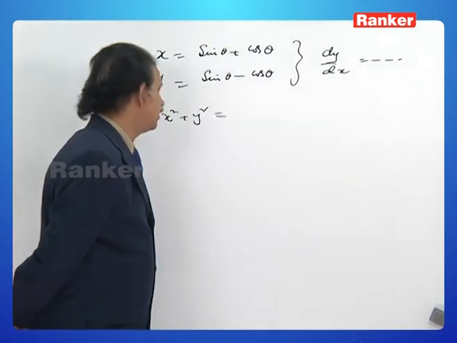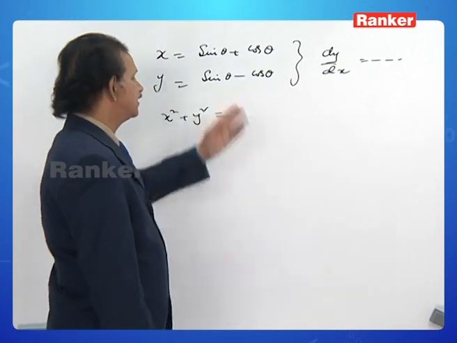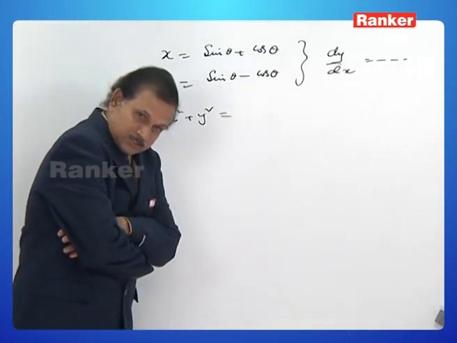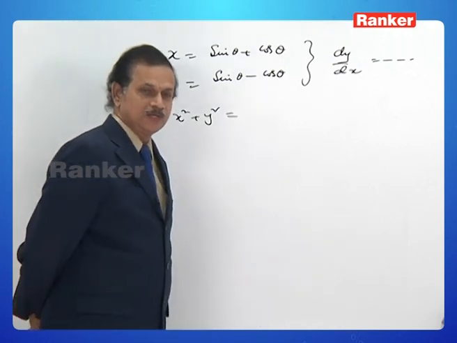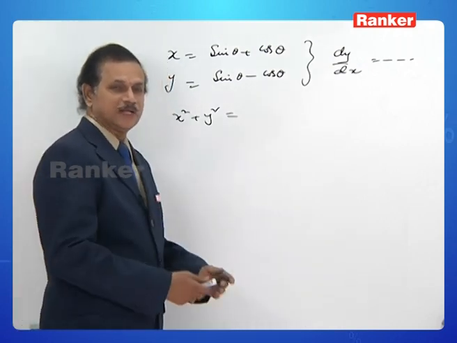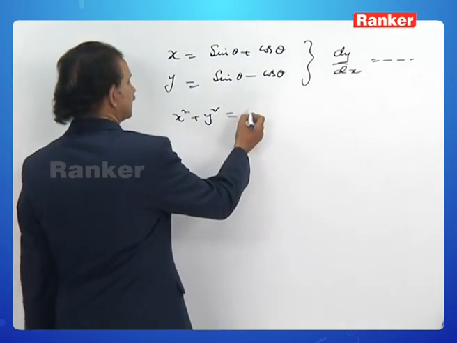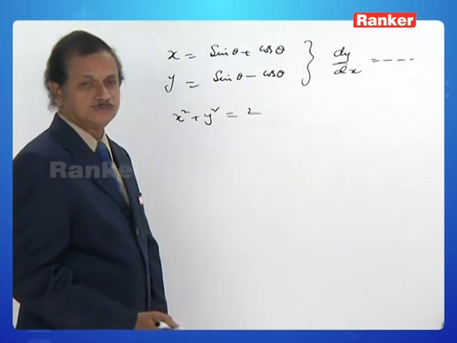Well, what is x square plus y square? Sin theta plus cos theta whole square plus sin theta minus cos theta whole square. It looks like a plus b whole square plus a minus b whole square, that is 2 into a square plus b square. That is 2 into sin square theta plus cos square theta, which is 2.